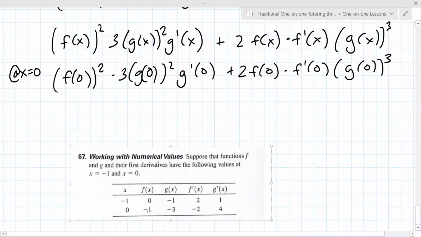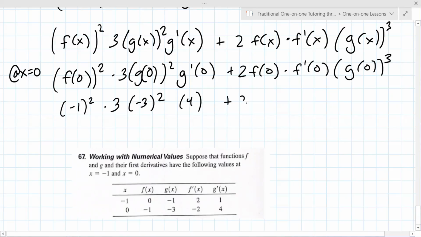So f of 0 is -1, and g of 0 is -3. And g prime is -1 again. F prime is -2. And then -3. So that's 1 times -9 squared.